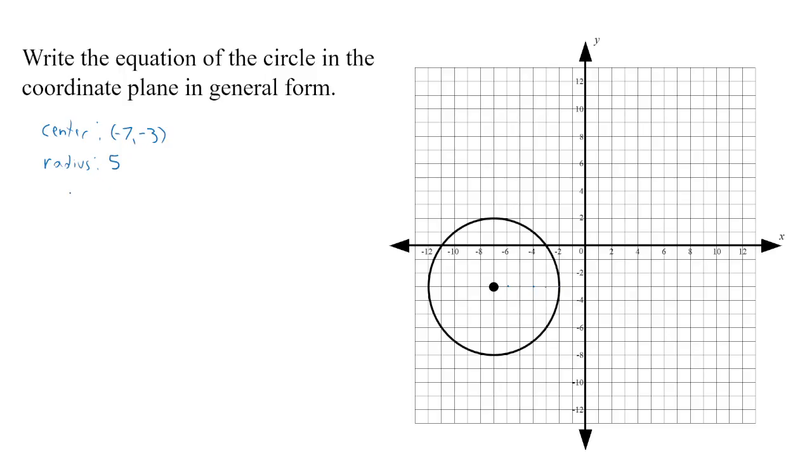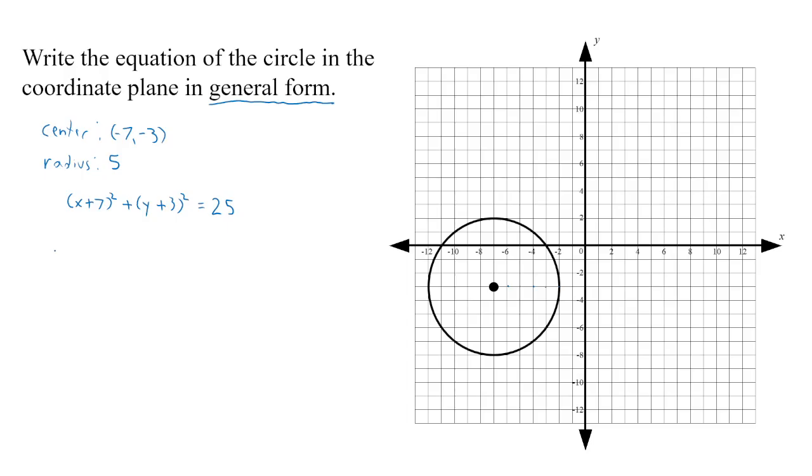Now we're going to write the equation in standard form. So this is x plus 7 squared plus y plus 3 squared equal 5 squared, which is 25. So this is the standard form of the equation. However, they want it in general form.